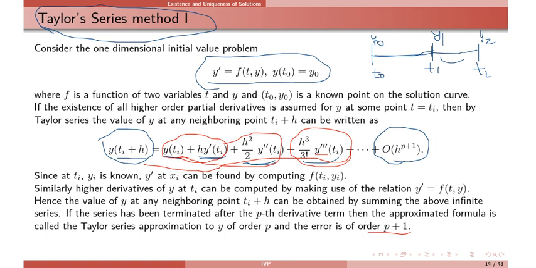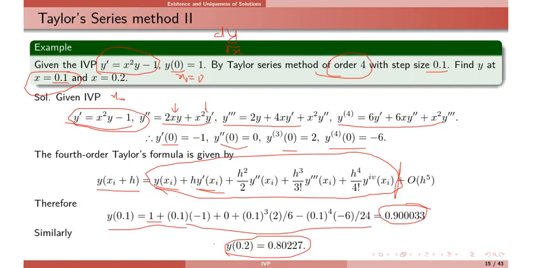So in the next numerical methods we will compute the solution at different points, but we will not use those derivatives. So we will get rid of these derivatives. Okay, and those are actually the numerical methods that we will study in the next lecture.